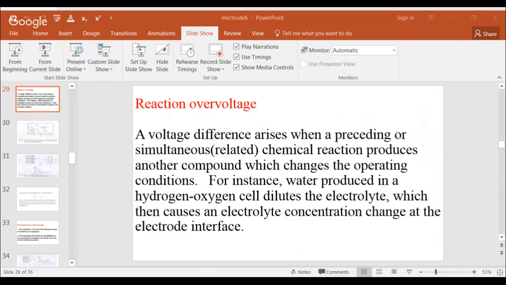Can you please show the slide of the semiconductor electrolyte interface? I will show.